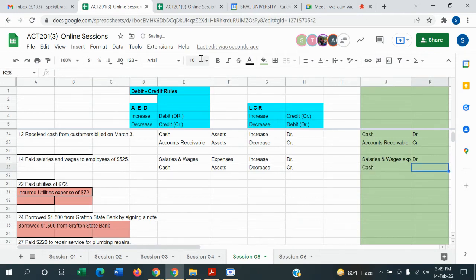What if they just mention incurred salaries and wages of 525? What do you think?